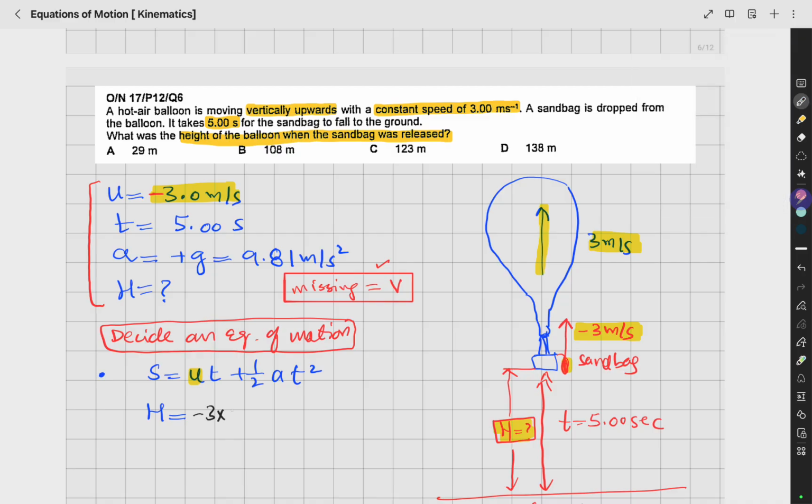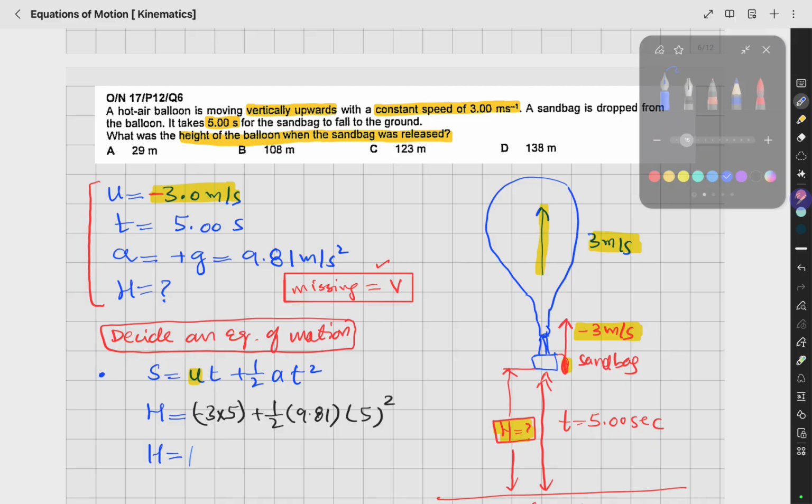So this was the main thing in this. Plus half, and g is 9.81, and then t is this. So you will simplify this to get your answer.